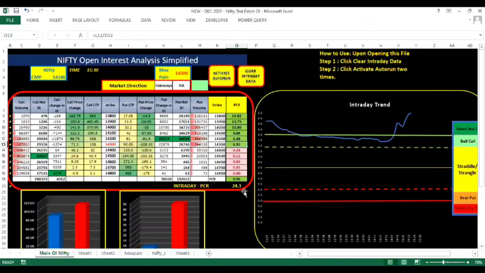On the other side, the PCR reflected in red is actually the resistance level. Now, the smaller the number, the higher is the resistance, right? So the likelihood of Nifty breaching these levels is low.